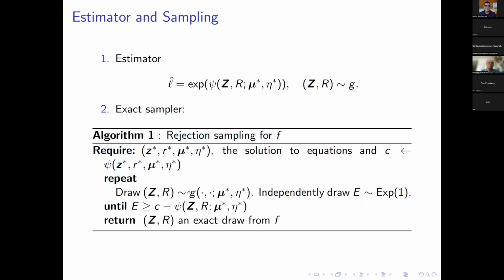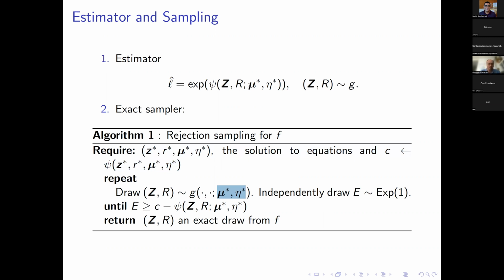We simply use our importance sampling density as a proposal density in a plain, simple rejection sampling algorithm. I'll talk about this later, but surprisingly, this simple algorithm can work satisfactorily even for hundreds of dimensions. That's only because we have chosen these parameters very carefully.